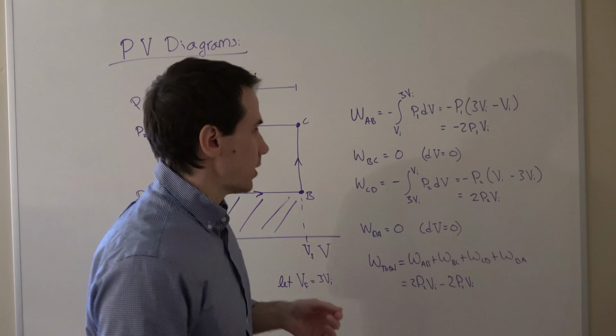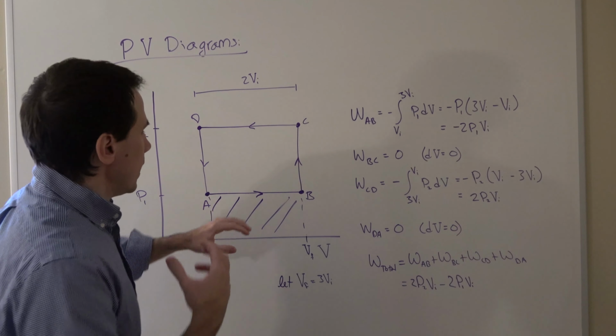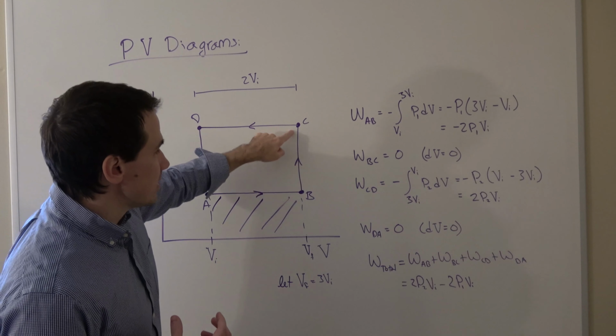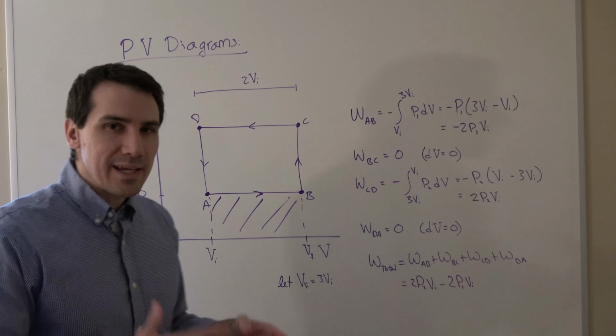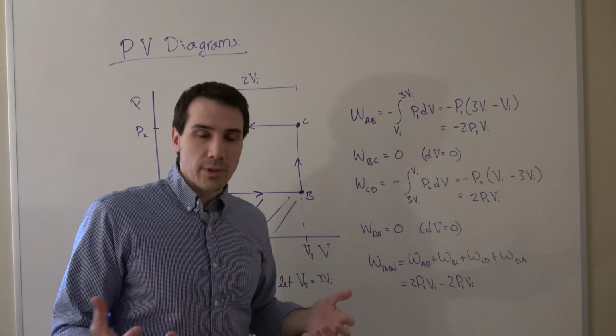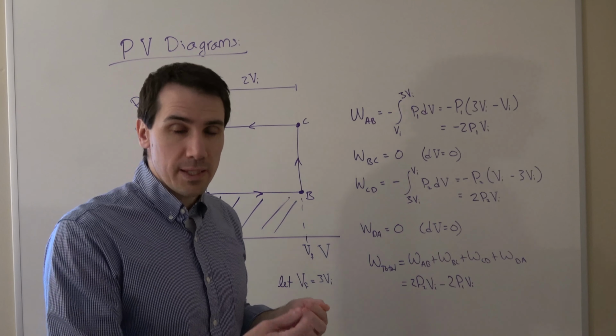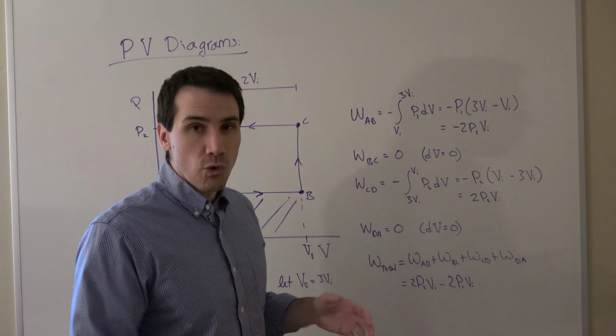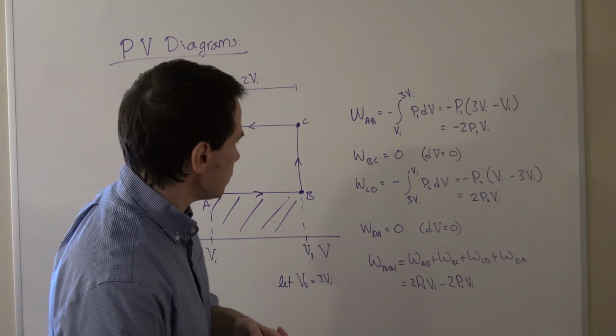That means we're doing negative work on the gas. Okay. Then we can go from B to C. From B to C, our volume doesn't change. So dV is 0, right? There's no change in volume between B and C, which means there's no work done on the gas.